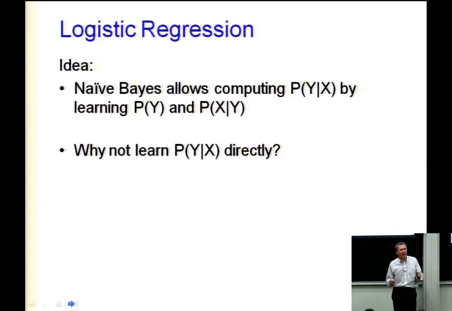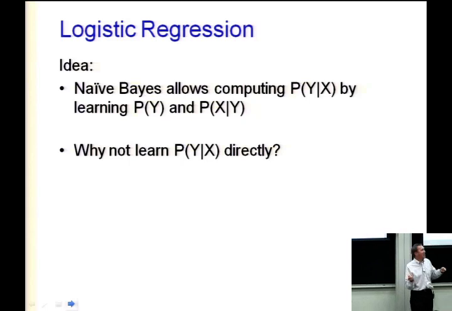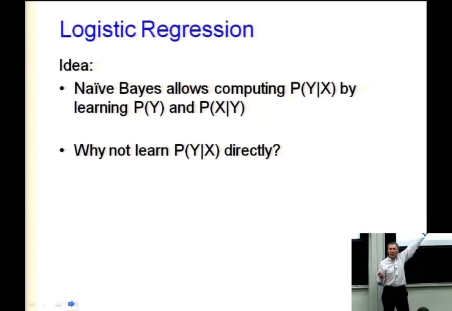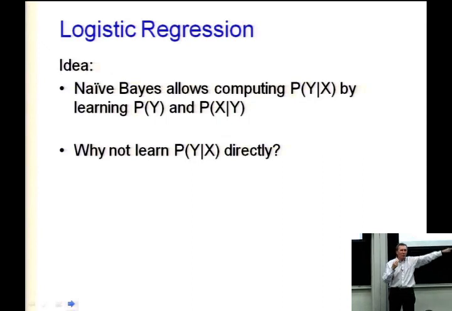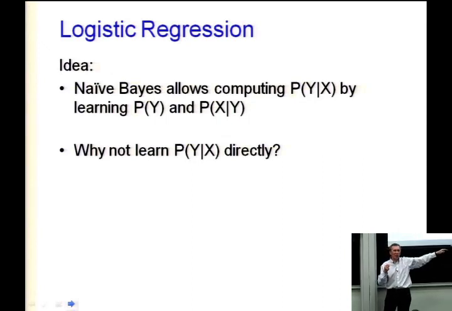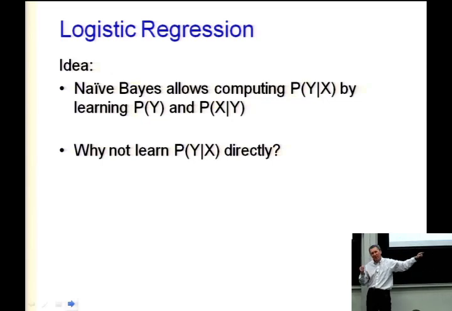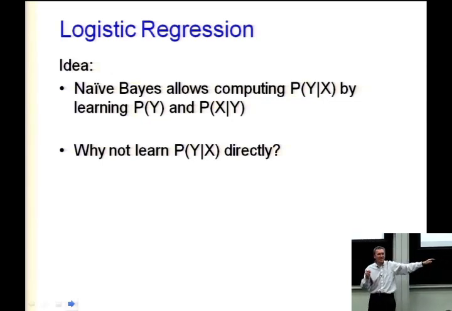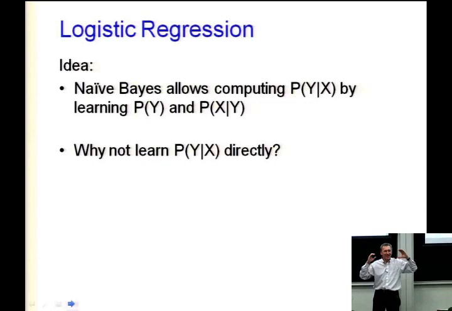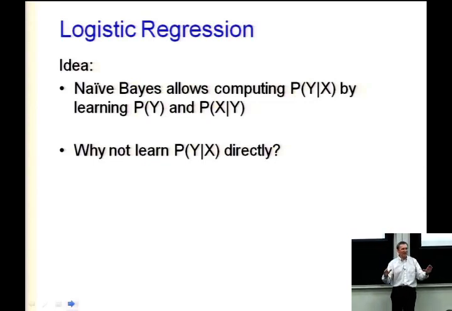So why don't we now, armed with that assumption, go back and ask what the parametric form of p of y given x would be, and then just learn that form of p of y given x.